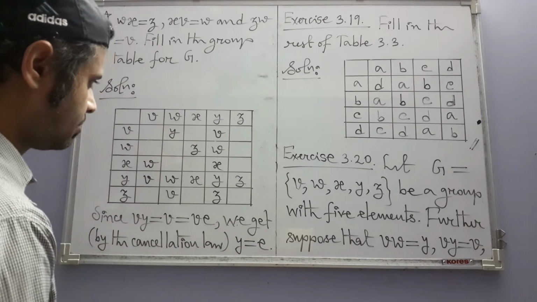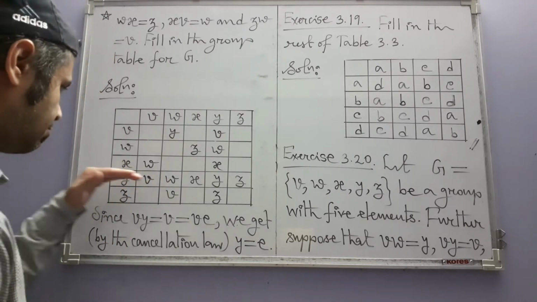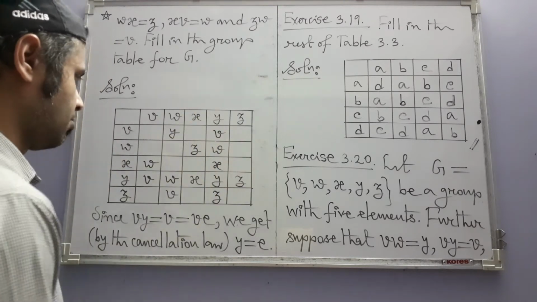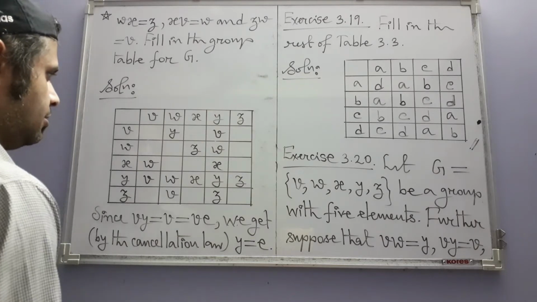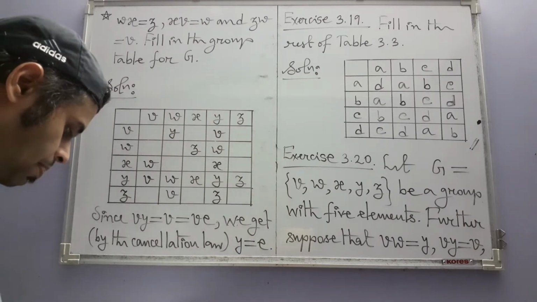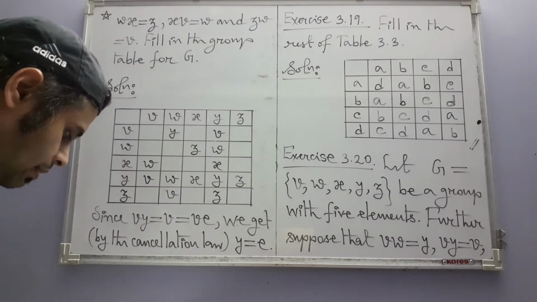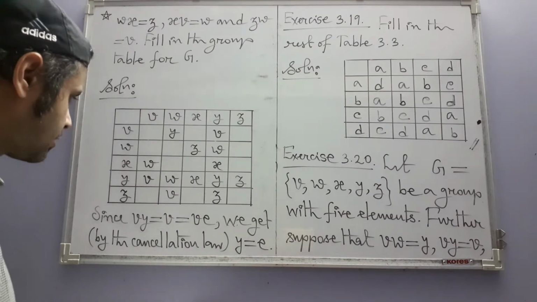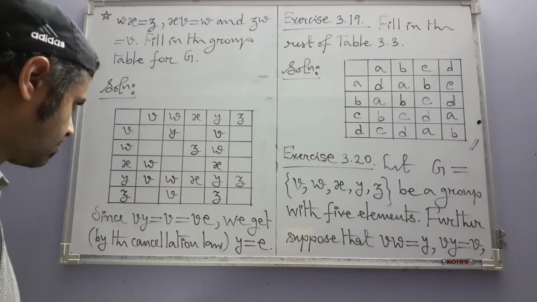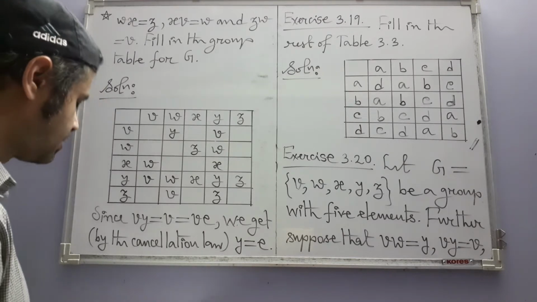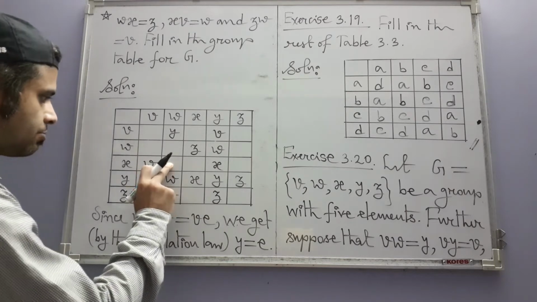Okay. So we have one complete row, one complete column. Right. So now what can we do? Let me just for once see what I have done here. Which one is the first one that I was able to decide? It is this one.